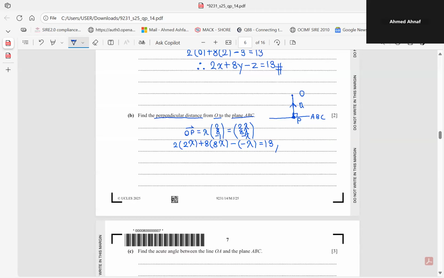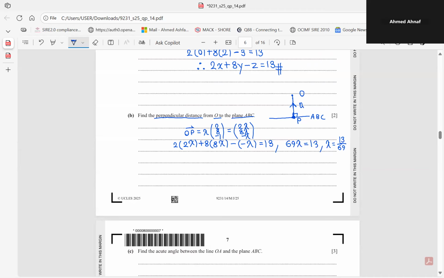So 65 lambda plus 4, that is 69 lambda equals 13. Okay, let me double check. Yep. Okay, so hence lambda would just be, never mind, it's just 13 over 69. Okay, so this is our value for lambda.